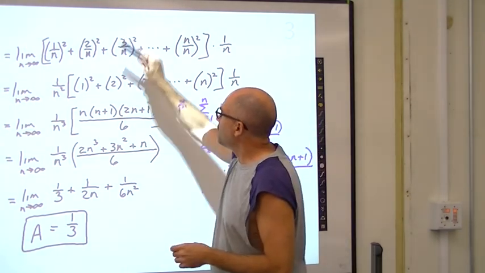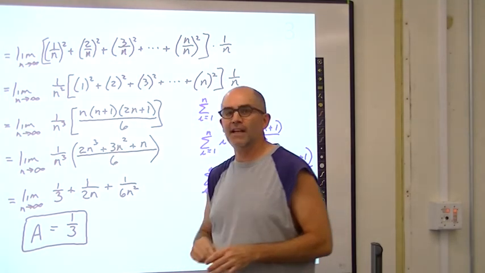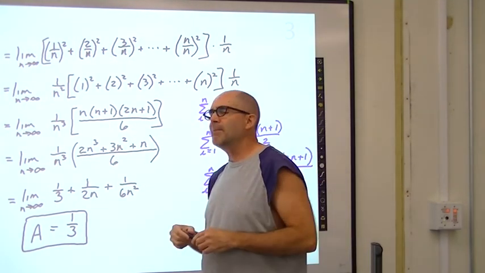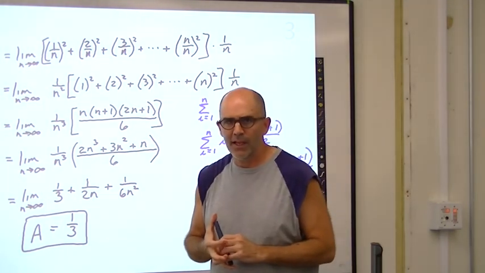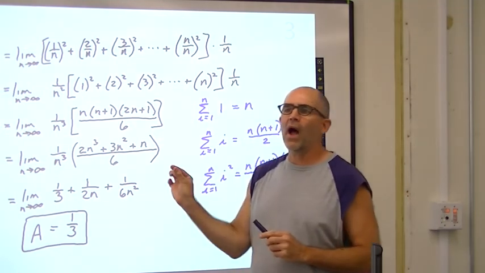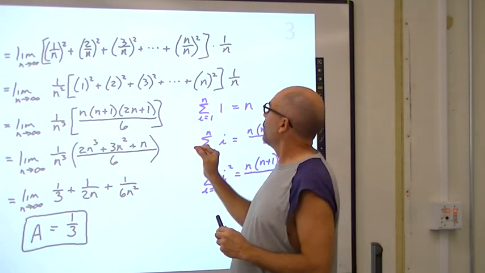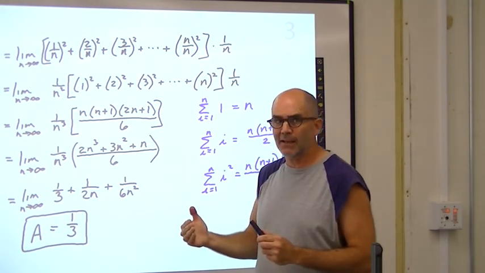Now, which type of rectangle do we use when we're using infinitely many? Let's think about this. If I'm using infinitely many rectangles, then how wide is each rectangle? Well, it's going to be 1 over n wide, where n is infinity.